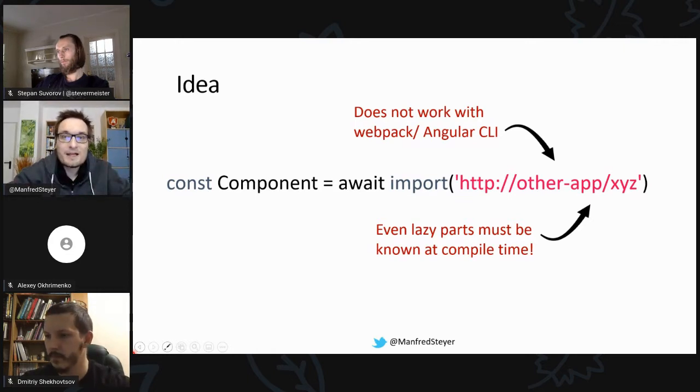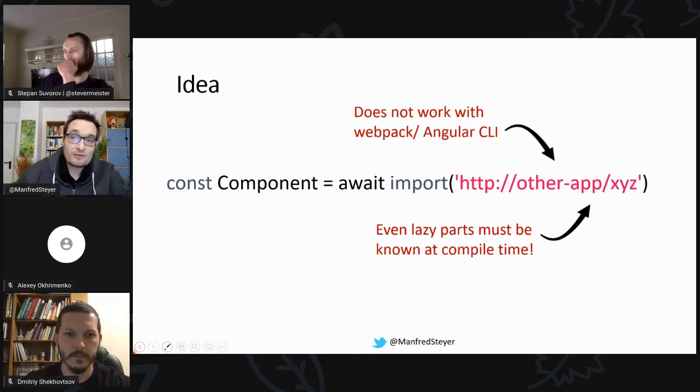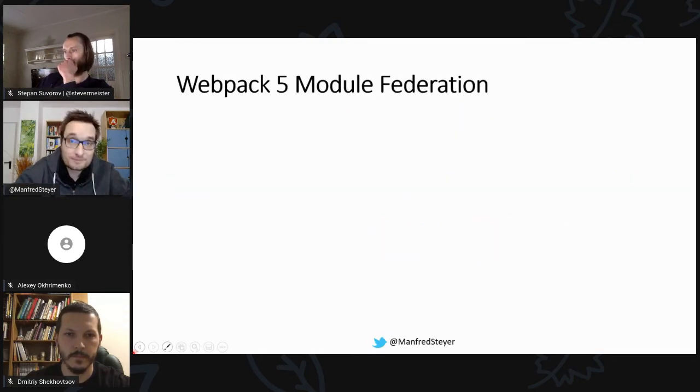We don't need to know everything at runtime. We don't need to know everything at compile time. We only need to know things at runtime when going with micro frontends. So this here would be too late. And so we get a sound solution for this by Webpack 5 and Module Federation.